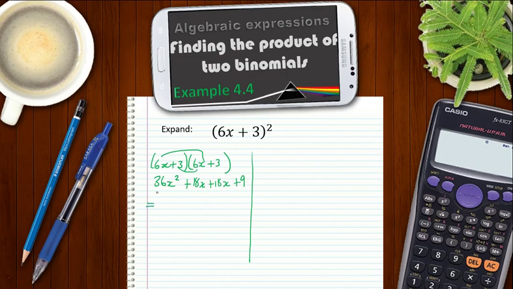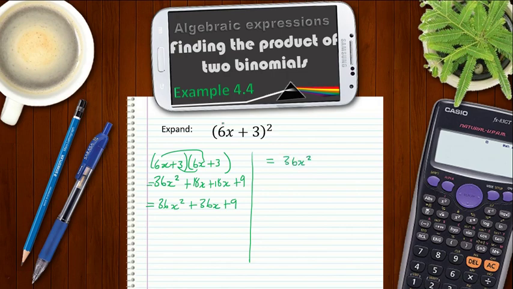And then simplifying, I just have 36x squared plus, so 18 plus 18 also gives me 36, so this is then 36x plus 9.